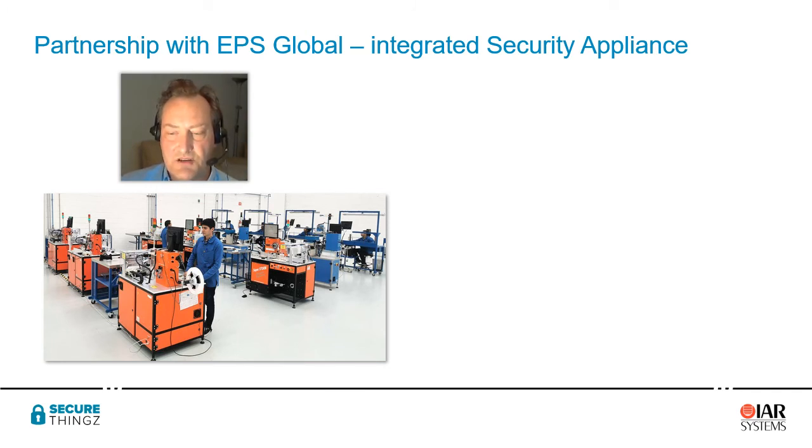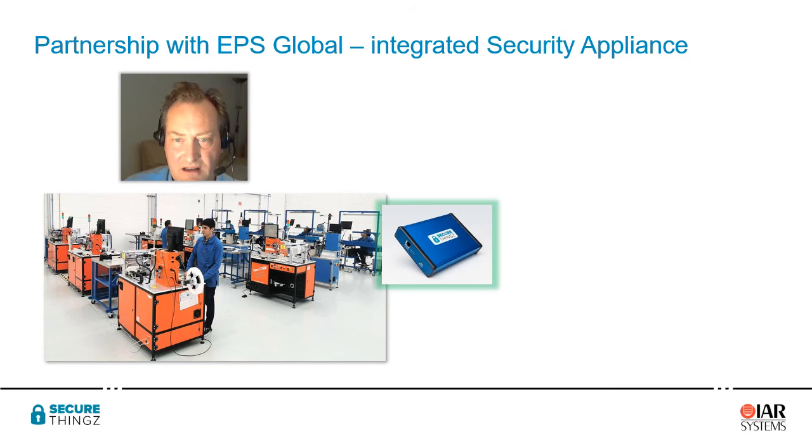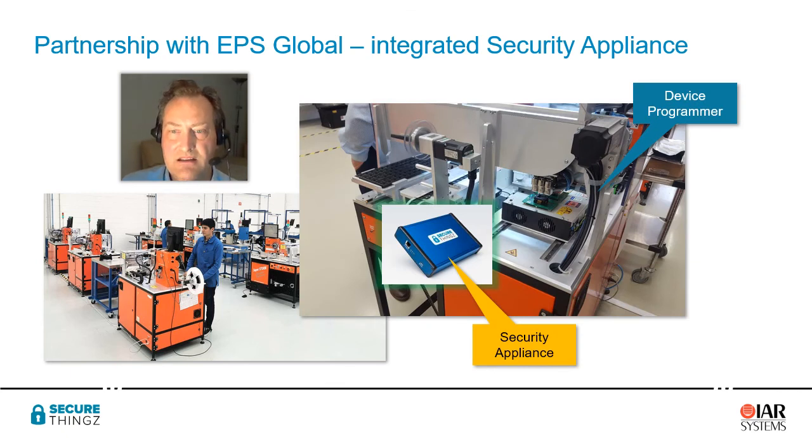So having understood what EPS do and how they view security from their perspective as a programming services provider, let's have a quick look at how we're working with them to actually integrate our two solutions together. Here you can see a network of machines that are being operated on the shop floor. And what we've been doing is to take our security appliance, our specialized HSM, and to integrate that inside their machines.